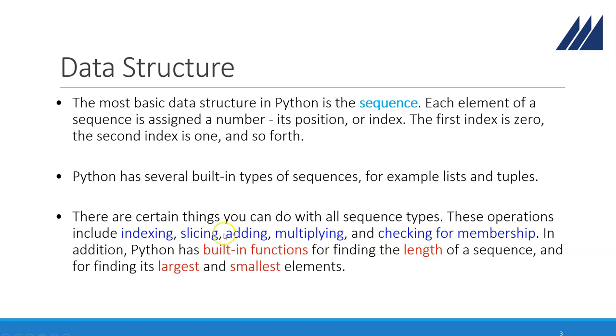We can do slicing, we can do adding, multiplying, and check if this element or item is inside this list or not. Also, lists can work with the length function as we saw before in the strings, and there are some methods that will help us find the largest and the smallest elements in the list.